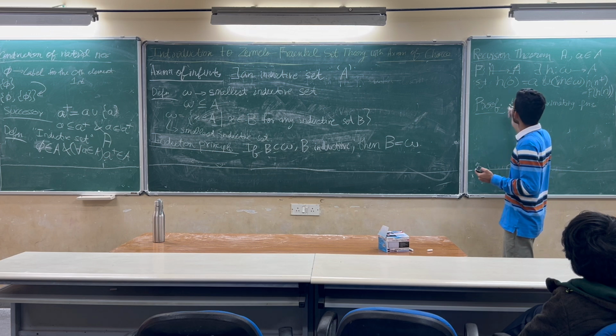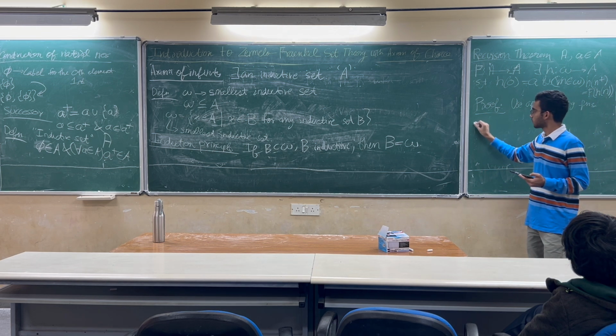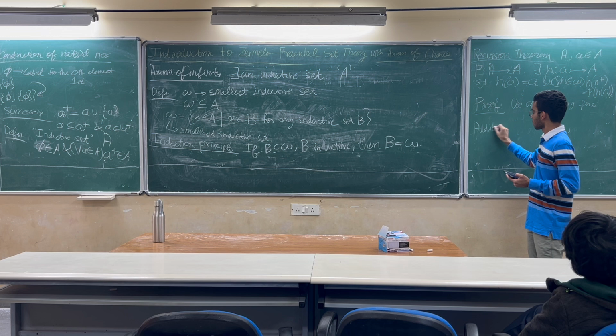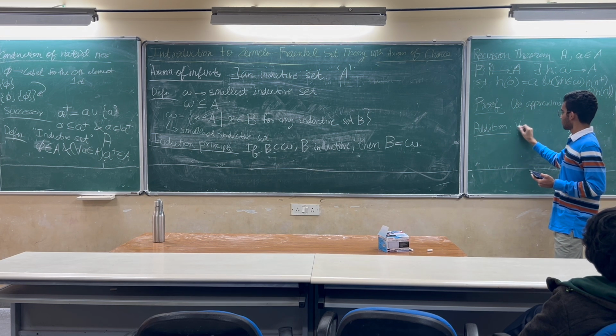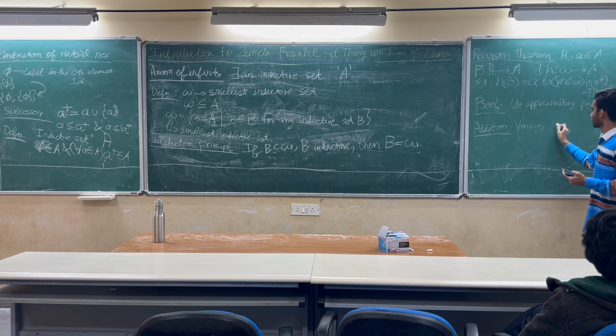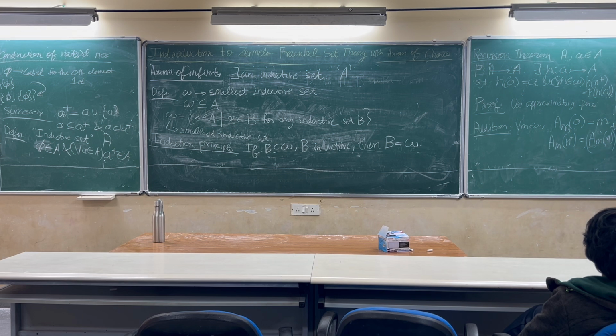Okay. So once we have this recursion theorem, we can now define operations on natural numbers like addition. For any m in omega, we can define addition by m such that it takes 0 to m. Here in place of capital F, we are taking the successor function, and we are recursively defining the function a_m, which is nothing but addition by m.